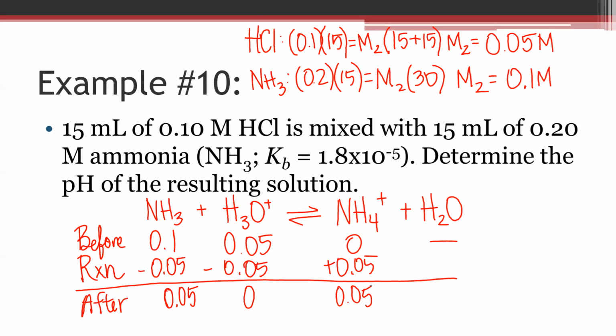Okay, so since we have the base left over, we are going to use the conjugate base, the weak base equilibrium expression to then find what the hydroxide ion is. We're not going to use the acid because there's no hydronium left, okay? We have to use the base because there's no hydronium left.